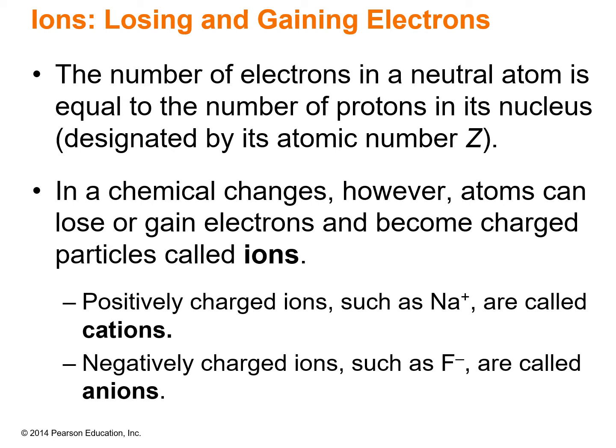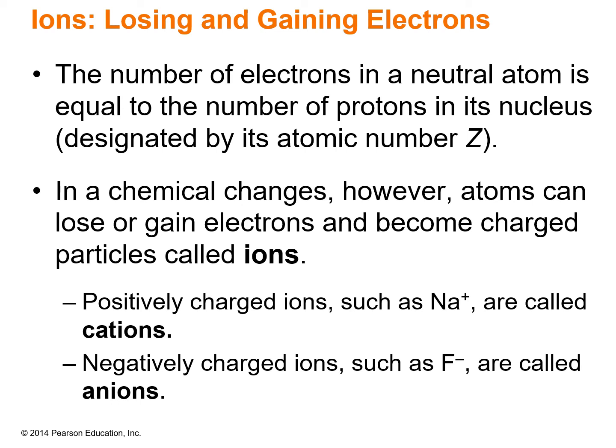However, whenever something is going through a chemical change, atoms can gain or lose electrons to become an ion. We did deal with ions when we did electron configurations, and we looked at how many electrons are gained or lost. So remember, we have positively charged ions like Na+ or sodium that are called cations.